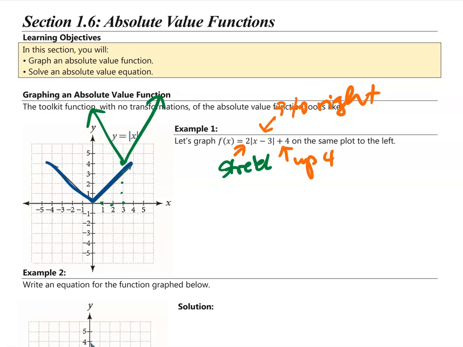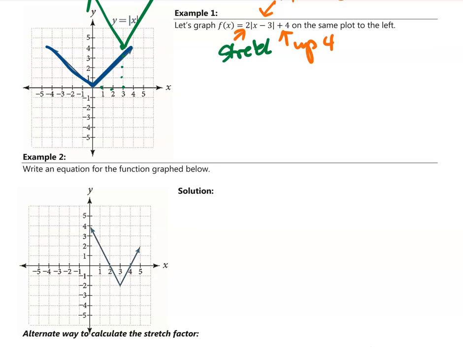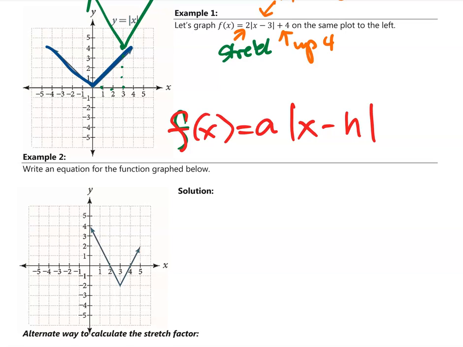So we're using here, since it's an absolute value function, in general, f of x equal to a times the absolute value of x minus h plus k.